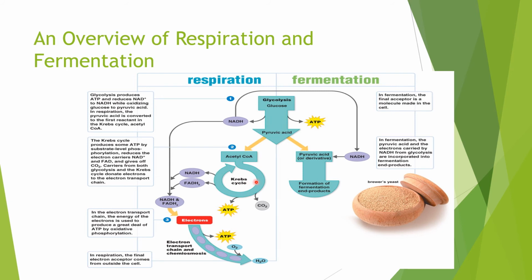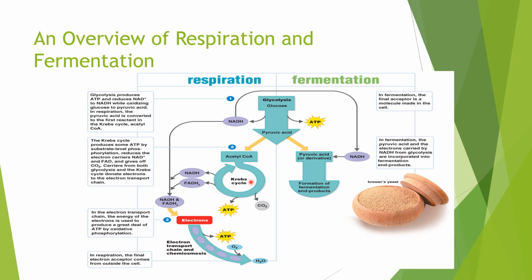we go through the oxidation reaction. And that's when, as we said, oxidation is the loss of electrons. So during the process of glycolysis, electrons are going to be lost, and same thing with the Krebs cycle, electrons are going to be lost.